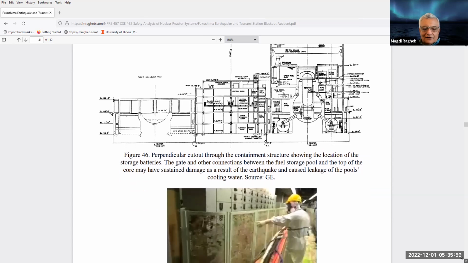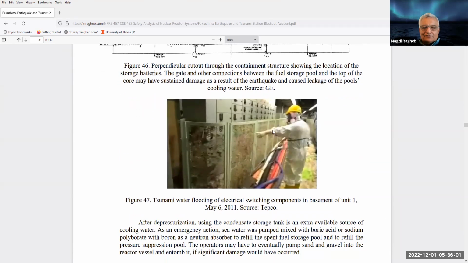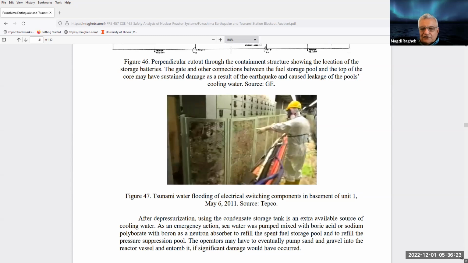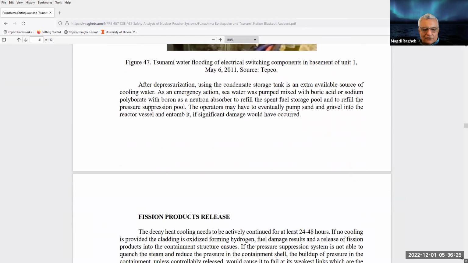Well, these are now those batteries in the basement shown by a gentleman there. These are a switchboard there, switching equipment in the basement that you could see here. It was filled with water, and algae from the water are remaining there. So all that safety equipment became unavailable with the water flooding it. On May 6, 2016, this is when that picture was taken.